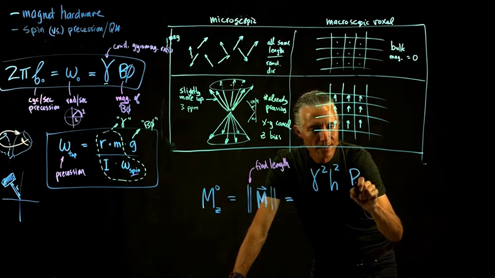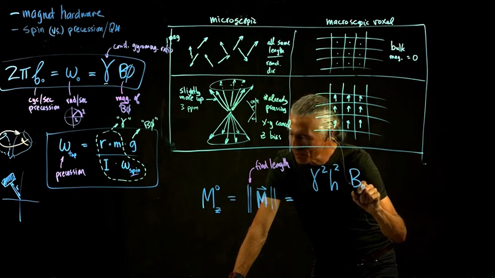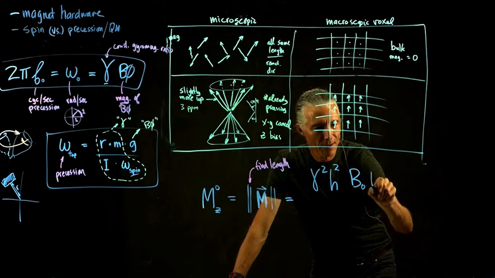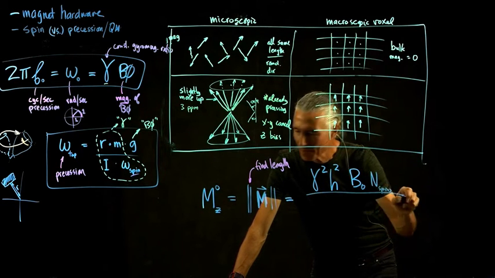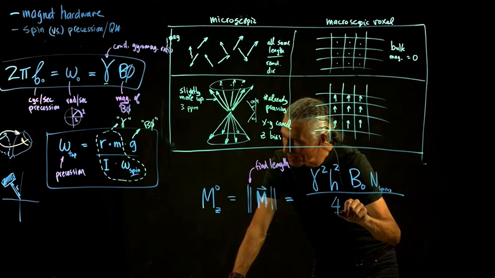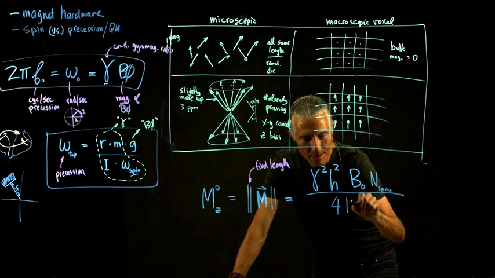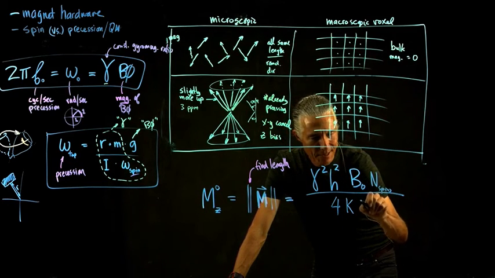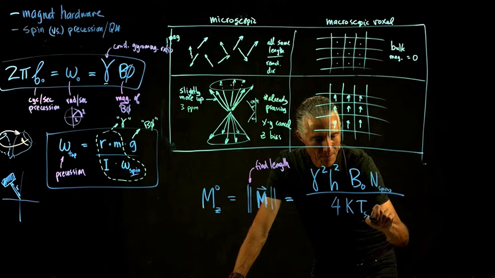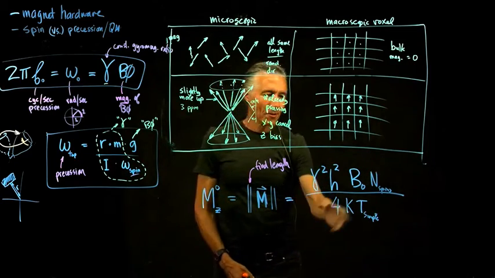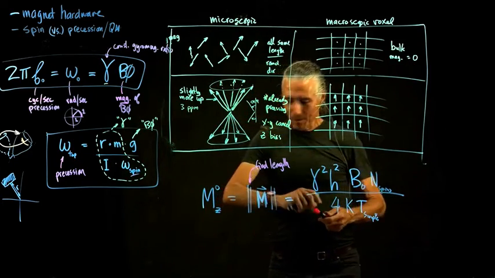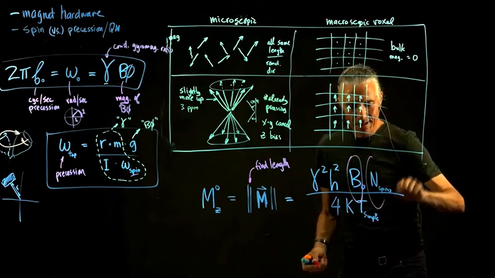There's only two things in here: the B0, the strength of the B0 field, and the number of spins. And then there's 4 times the Boltzmann constant, and then the temperature of the sample. But like I always say, as long as you're alive, your temperature is basically the same. So the only variables in here are just this guy and this guy.